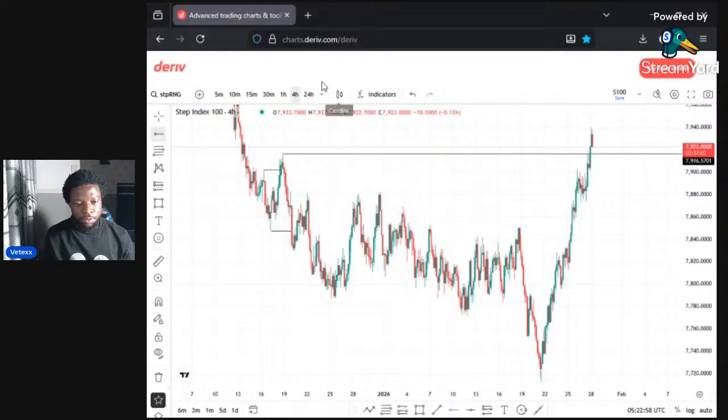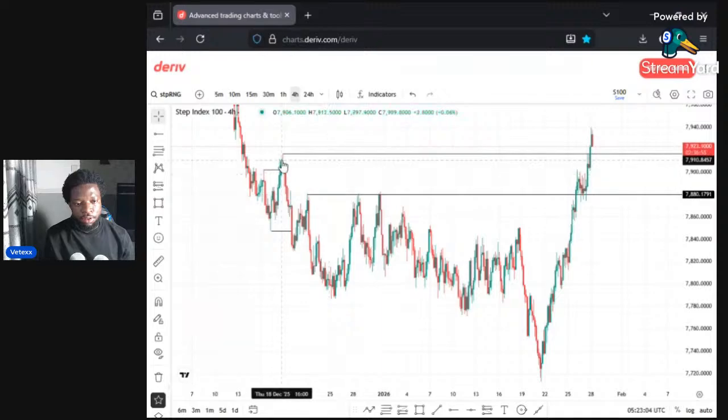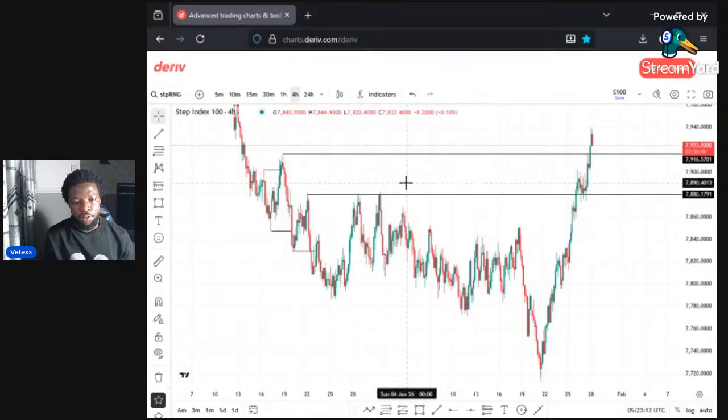We also have price betrays 50%. They give us what? Our structural liquidity. We can use this. And then we have what? Second break of structure. This is our second break of structure.